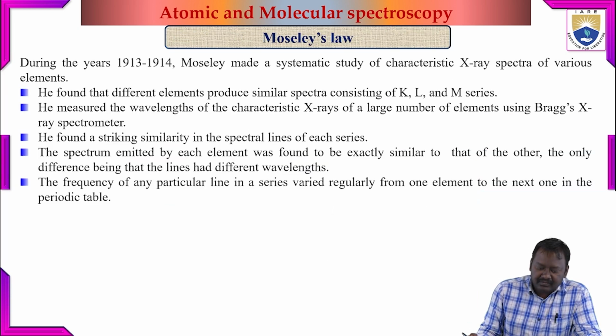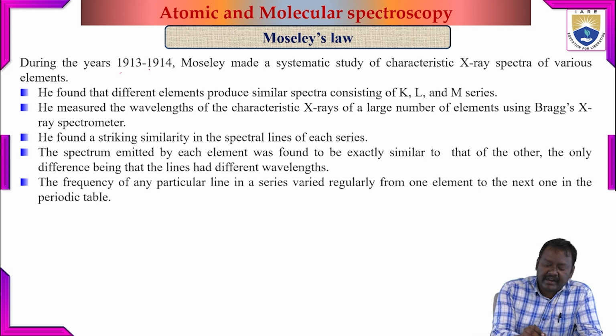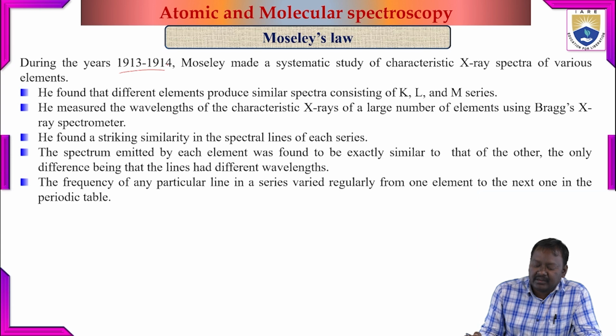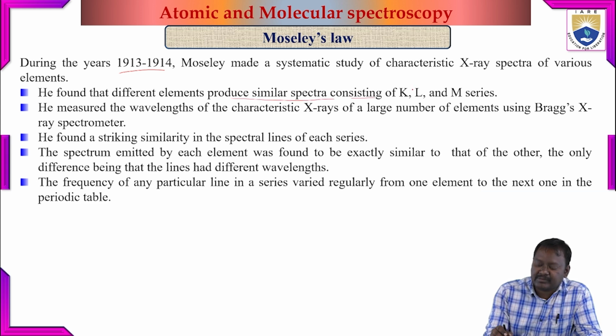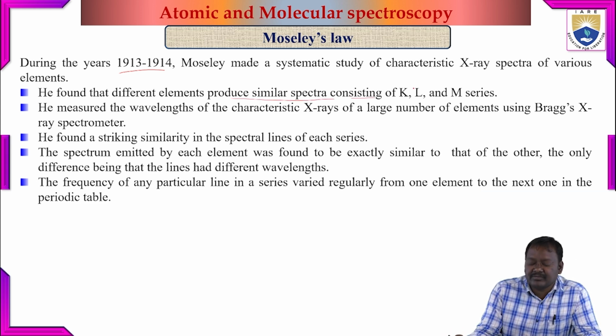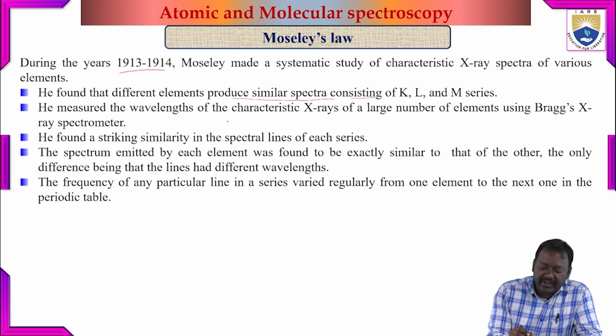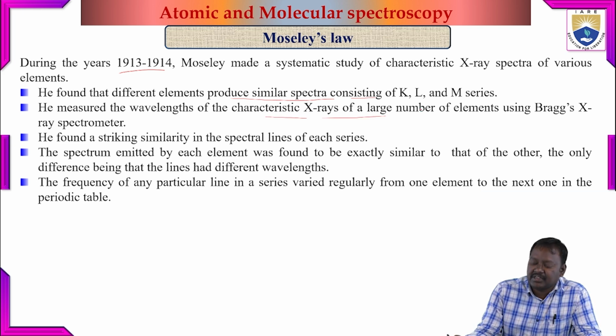So mostly during the years 1913 to 1914, he made a systematic study of the X-ray spectrum for different elements, and he found that different elements produce similar spectra consisting of K, L, M series. He measured the wavelengths of characteristic X-rays of a large number of elements using Bragg's X-ray spectrometer.